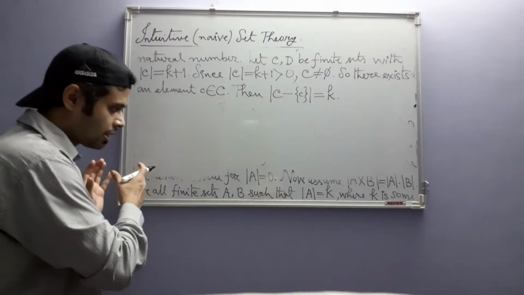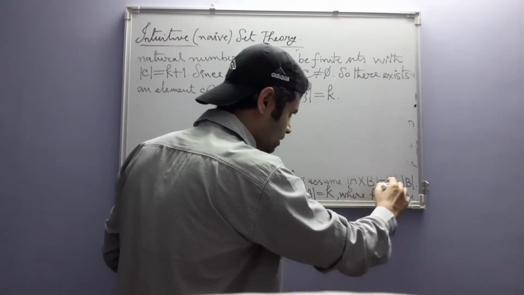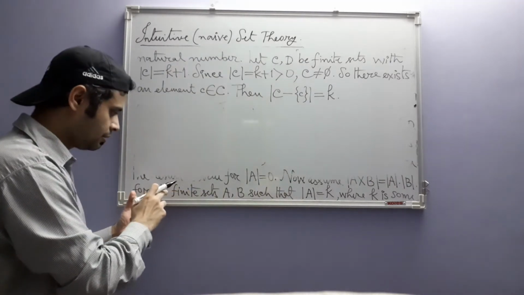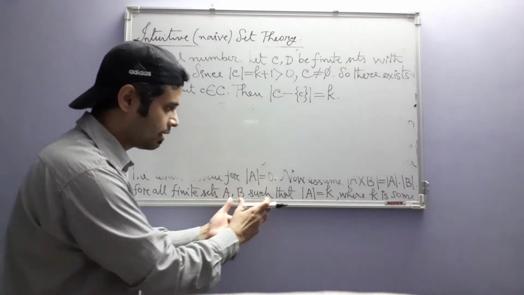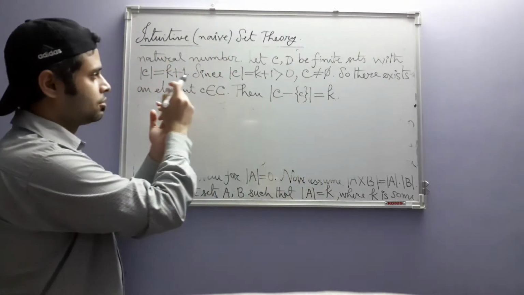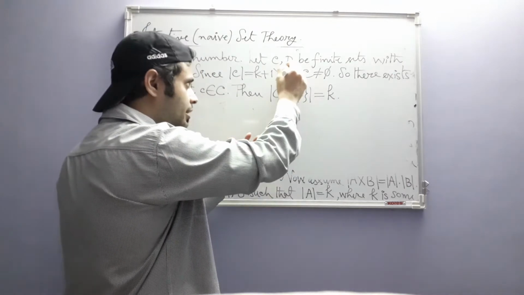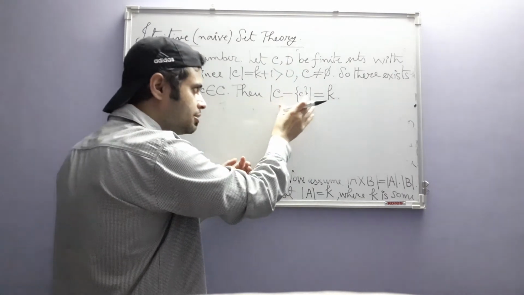Now look at our induction hypothesis. Assume that this is true whenever A and B are finite and the cardinality of the first set is equal to k. So here C minus {c} and D are finite and the cardinality of the first is equal to k.